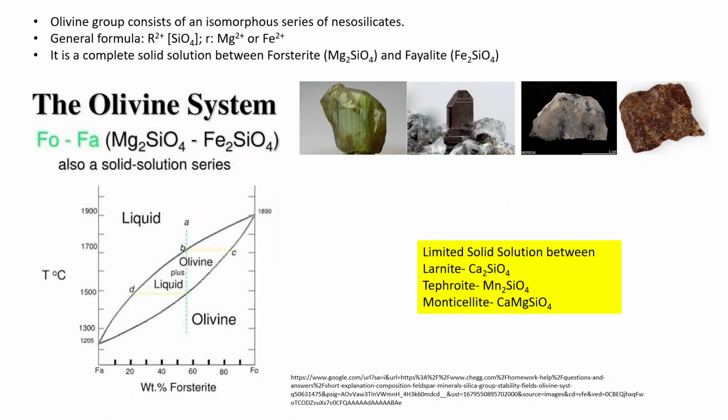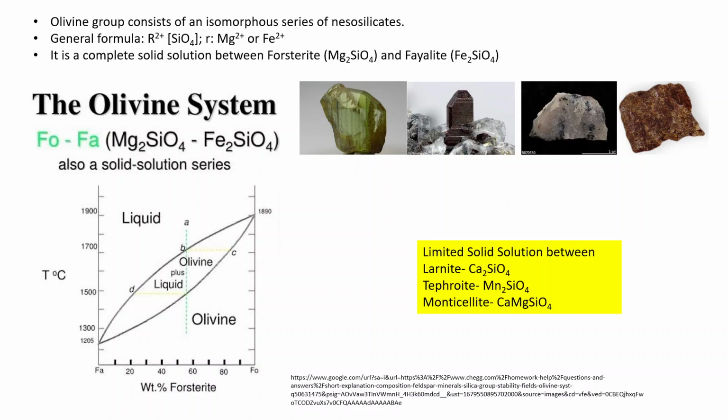If you look at this olivine system actually, the olivine group consists of an isomorphous series of nesosilicates. So they have similar kind of crystal structure.